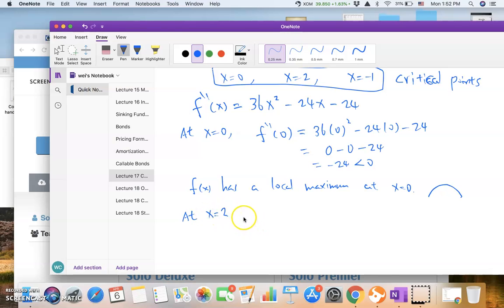Then at x equals 2, the second derivative is 36 times 2 squared minus 24 times 2 minus 24. And this is 36 times 4 minus 48 minus 24.